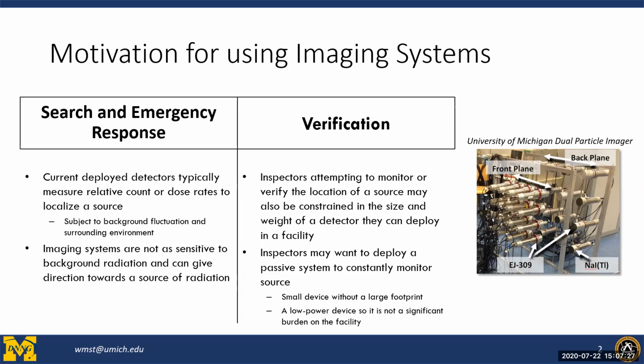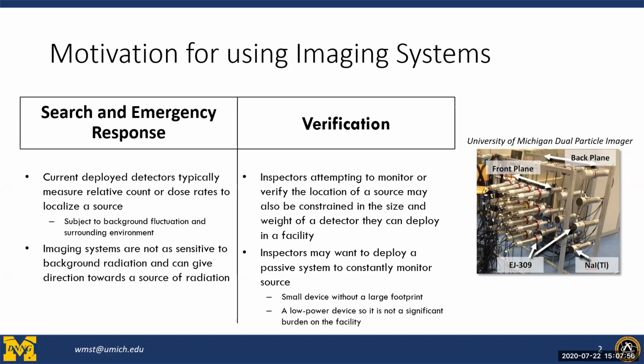And this can be very useful in two scenarios that I have here: a search and emergency response. This one specifically where imaging can be very useful to begin to localize sources of radiation. As I said, for counting detectors, for instance, you have to be able to sweep a large area, or you follow a 1/r squared, because as you get further away from a source, the radiation intensity drops.